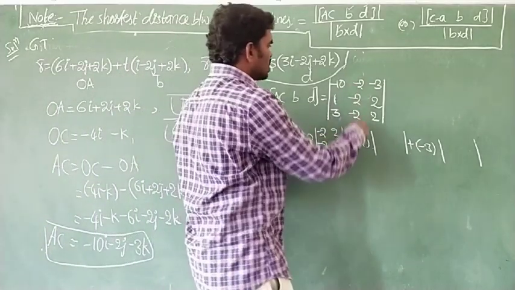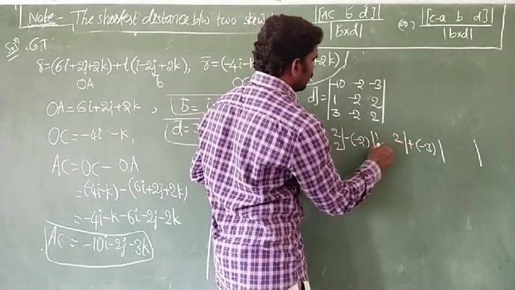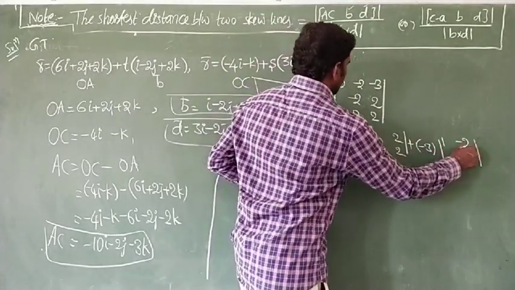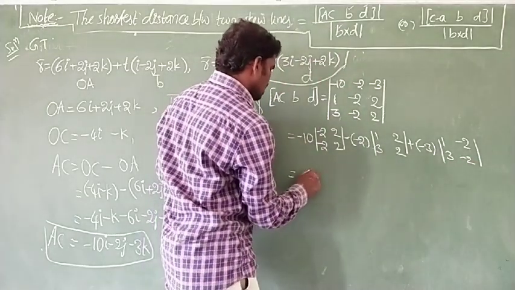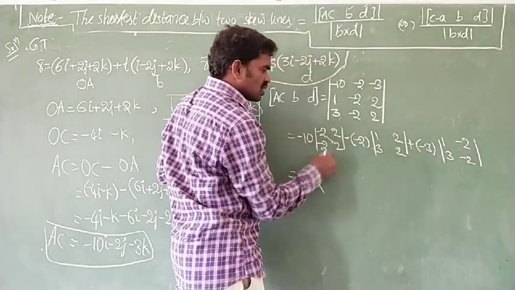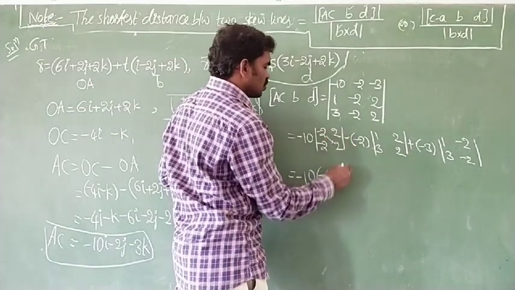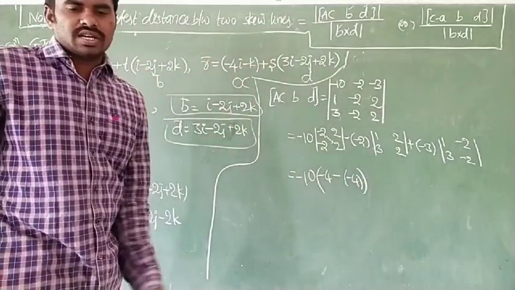Next, second row, second column: 1 2, 3 2. Next, third row: 1 minus 2, 3 minus 2. So minus 10 into, cross multiply: minus 2 into 2, minus 4, minus 2 into 2, minus 4. Is it clear?